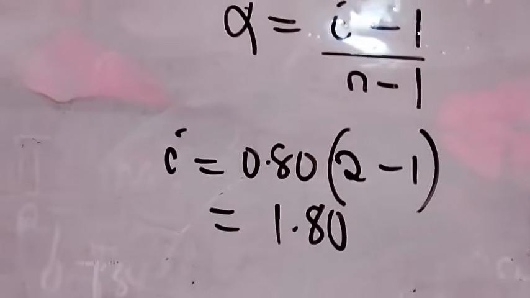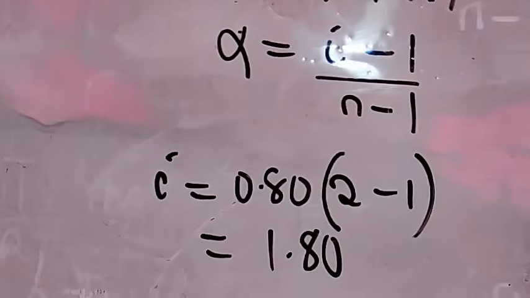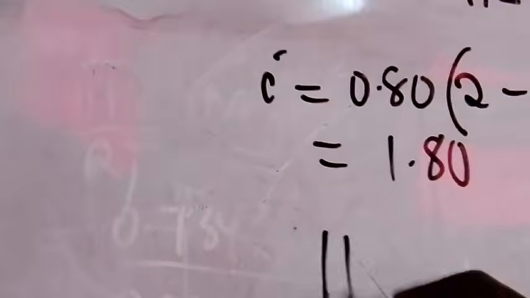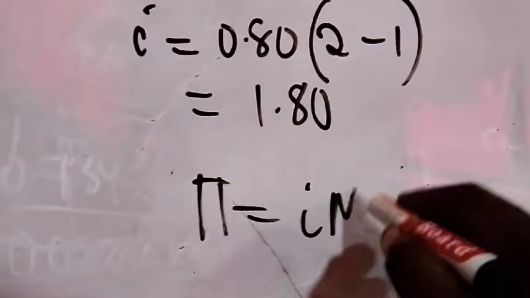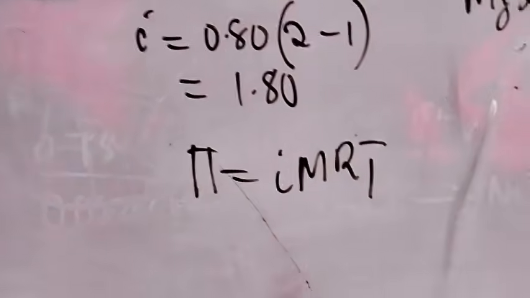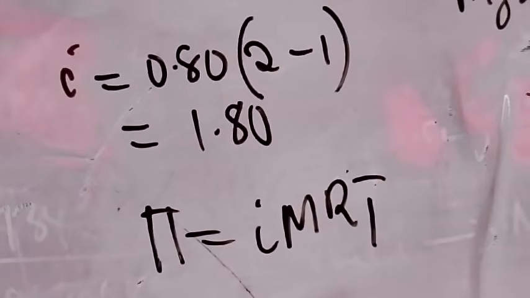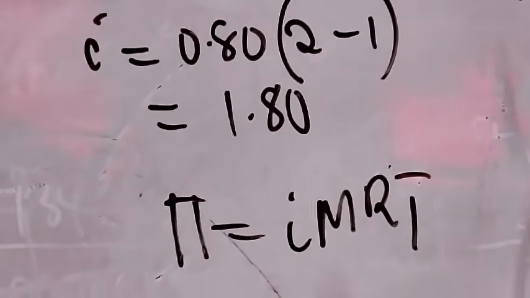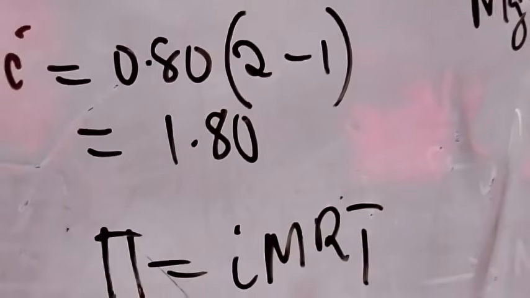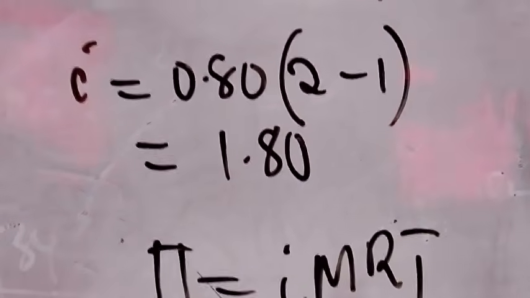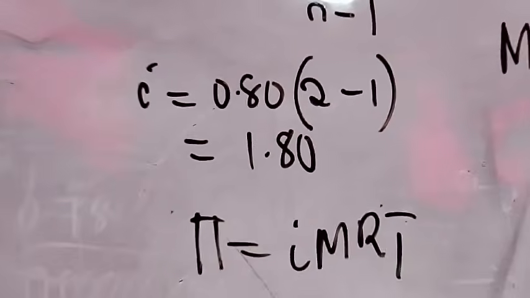That is our I. Then we apply the formula: pi is equal to iMRT. So our I is 1.8.